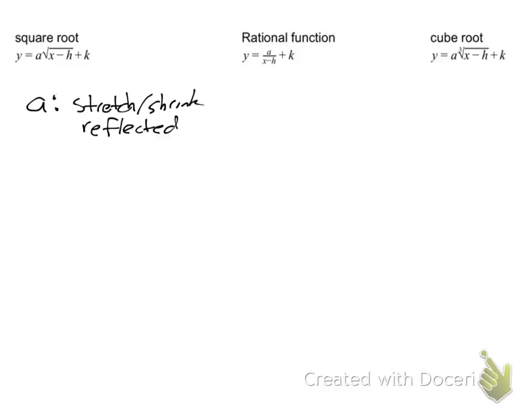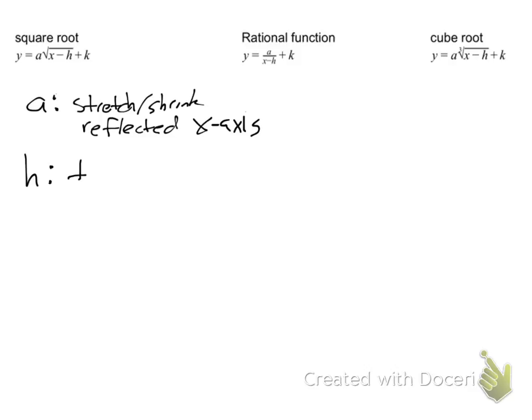You guys remember that? Yeah. Okay. Reflected about the x-axis. I'm not going to write this down, but you guys can, because we have this written down somewhere. How do I know it's a stretch? It's a vertical stretch if A is greater than 1. If A is bigger than 1, it's a vertical stretch. If it's between 0 and 1, it's a shrink. The negative in that would only tell you if it's reflected about the x-axis. Bringing back some memories, huh? What about H?